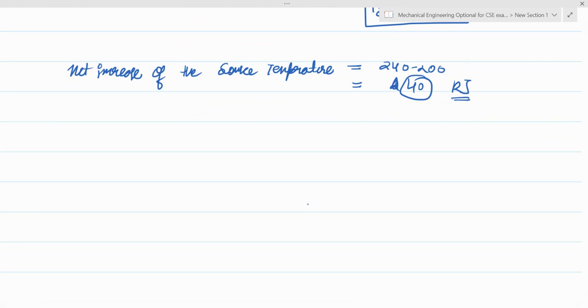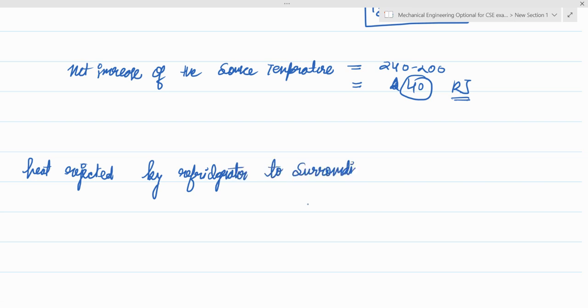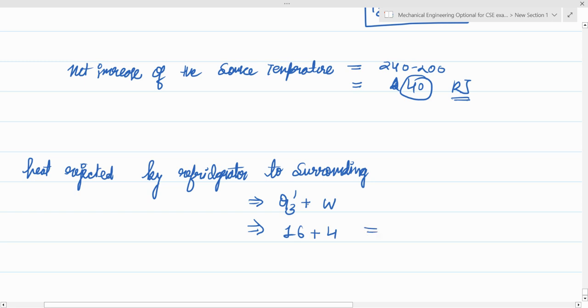Now the heat rejected by the refrigerator to surroundings will be, so let us write here, heat rejected by refrigerator to surroundings is given as Q3 dash plus the work done on the refrigerator. This comes out to be 16 plus 4 is equal to 20 kilojoules.